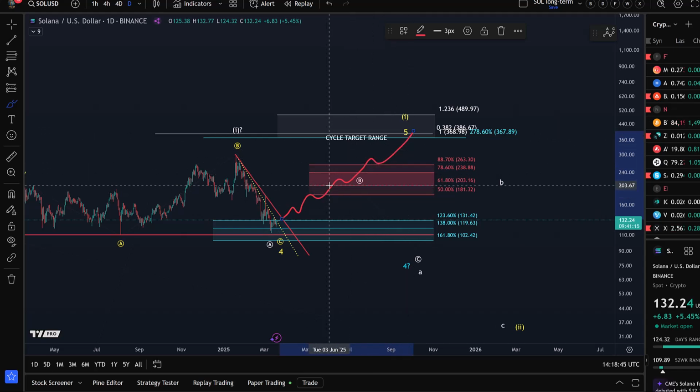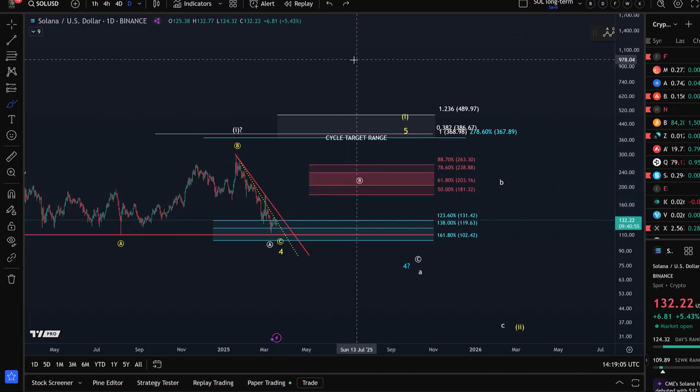Should I see at any point a five-wave move down, because five-wave movements down shouldn't really appear in the yellow scenario, that is when the white scenario will probably take the lead. Trying to be as clear as possible.